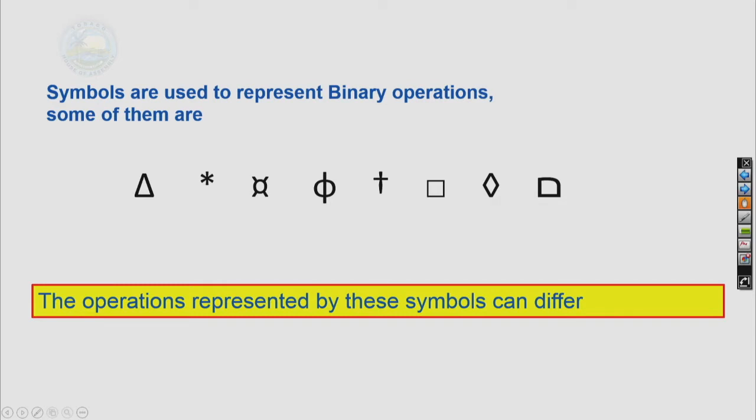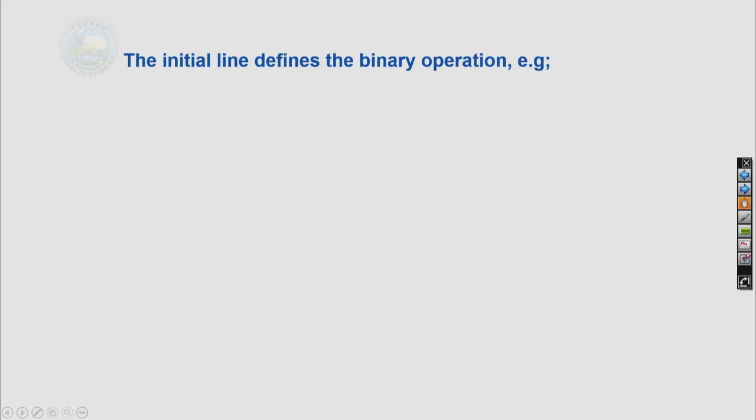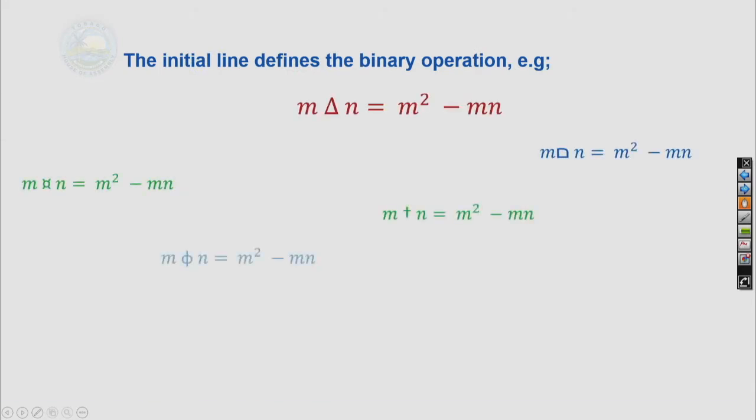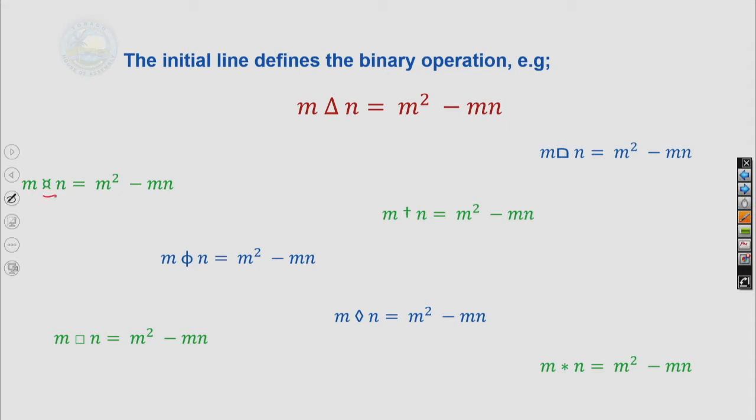Now, the operations represented by these symbols can differ. By that we are saying here that we have the binary operation triangle. This binary operation can be represented by any one of these symbols. Any one of these symbols represents the same operation. We have taken m and n and combined them via this binary operation, producing m squared minus mn.